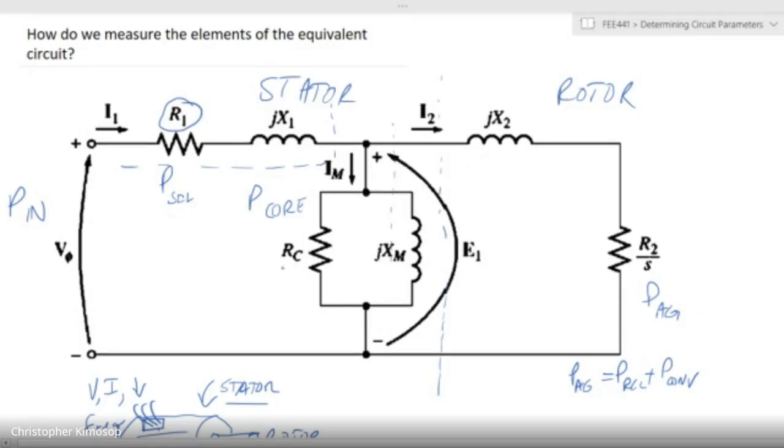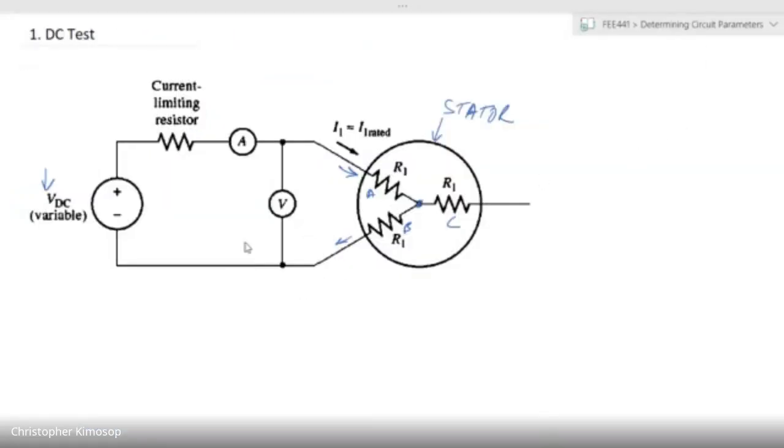Because there is no alternating current, you do not experience any capacitance or inductance. You do not experience reactance. So these elements are out because of not having the alternating parts of the supply. In essence, we will be establishing the value of R1 from the DC test, because it is the only element that will be present in this configuration.